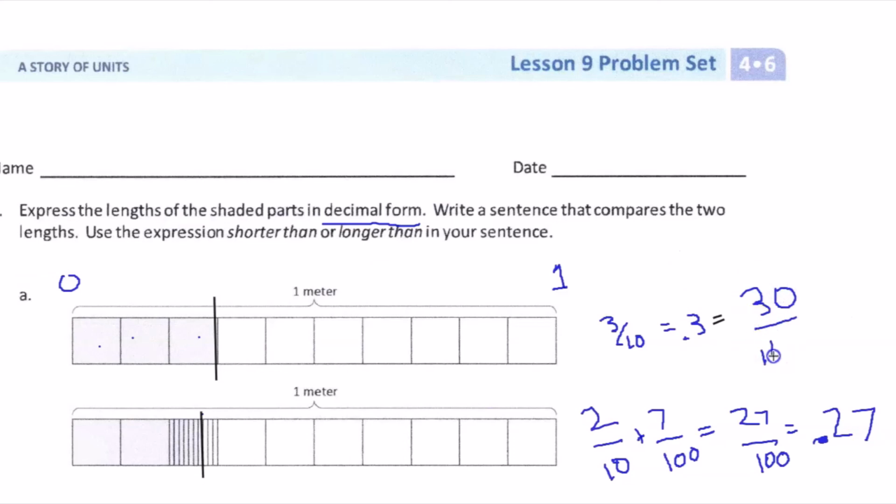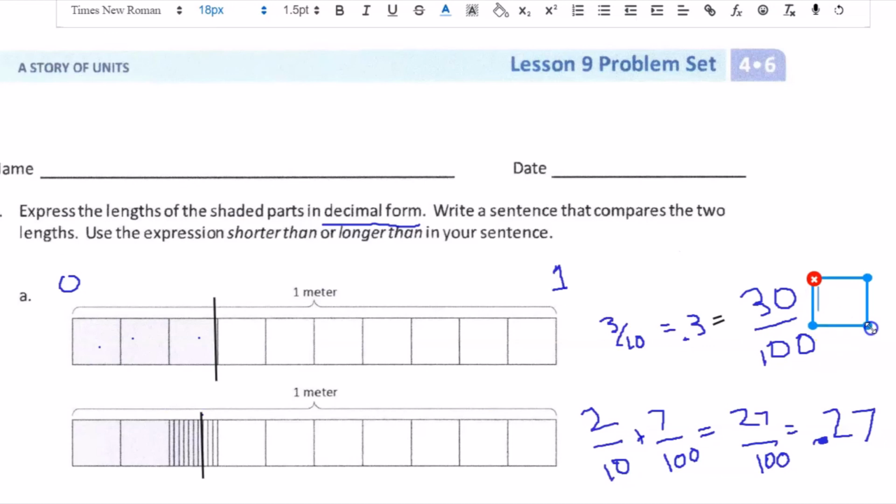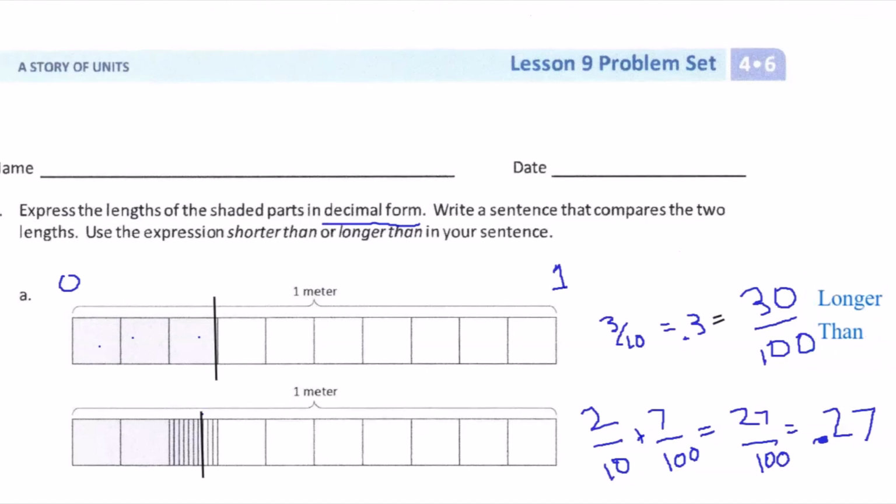Just put a 0 after that 3 in the tenth place, and now I have 30/100. They mean the same thing. Hopefully you're starting to get that idea. But if I'm looking at length, the 30/100 is longer than 27/100. So I'm going to put longer than right here. All right? Okay, so that explains this one.